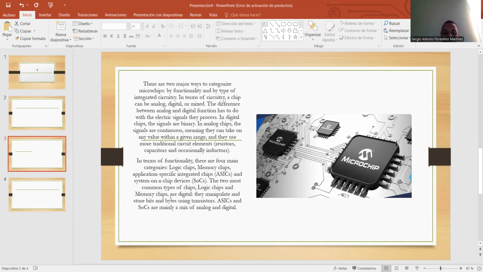They manipulate and store bits and bytes using transistors, and are mainly a mix of analog and digital. This is very important. And look at this picture, imagine on the microchip, right? And simply integrated.